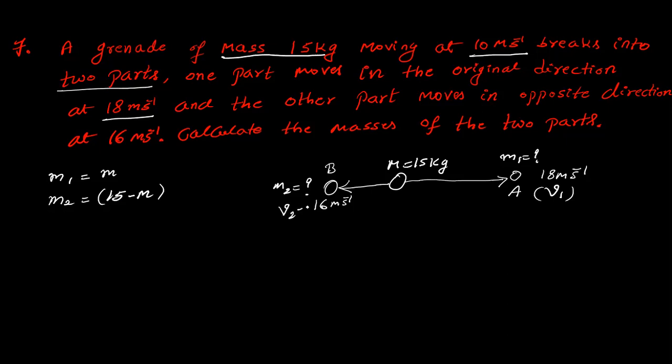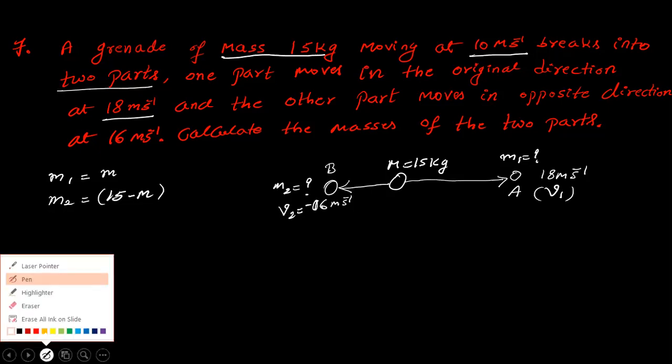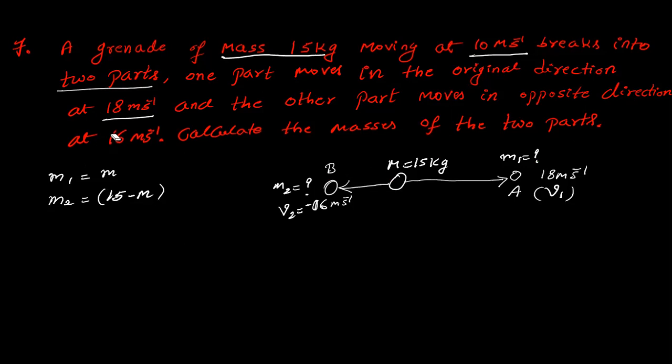Since it is moving in the opposite direction, I can take it as negative. V2 value, yes, 6 meter per second it is, not 16. Make it correct. This is 6 meter per second.